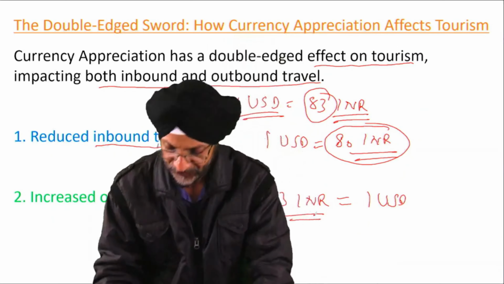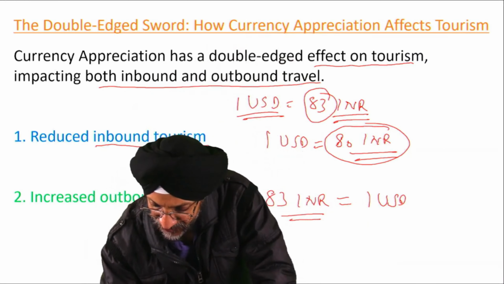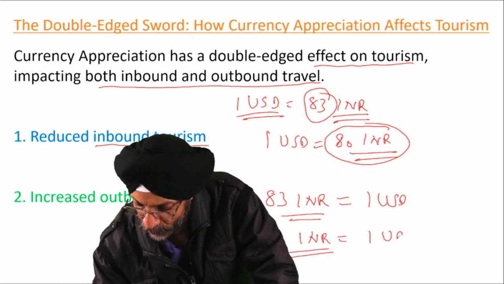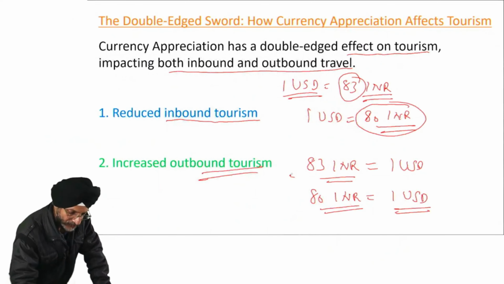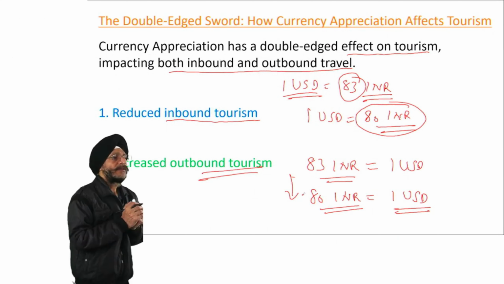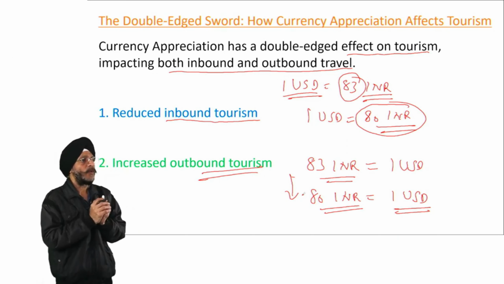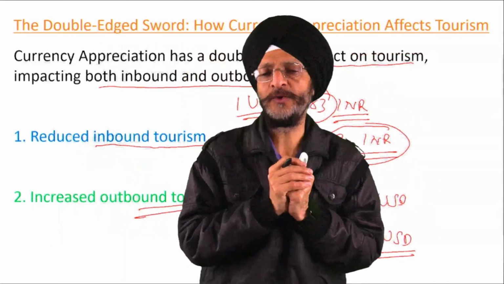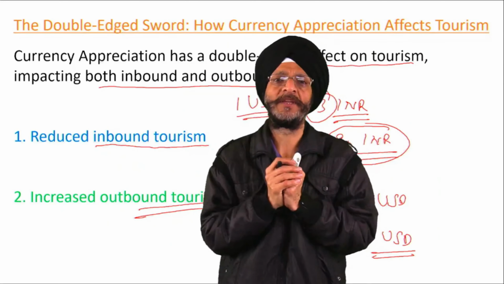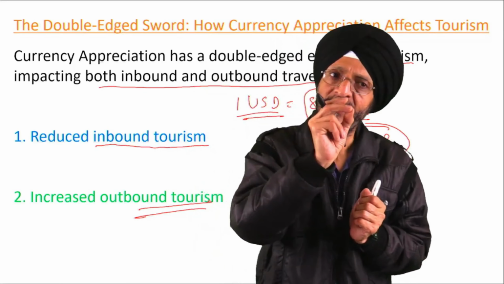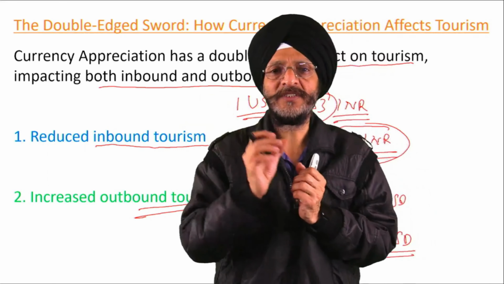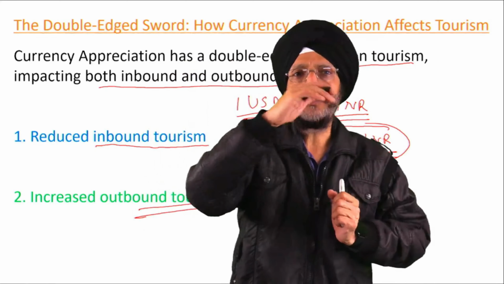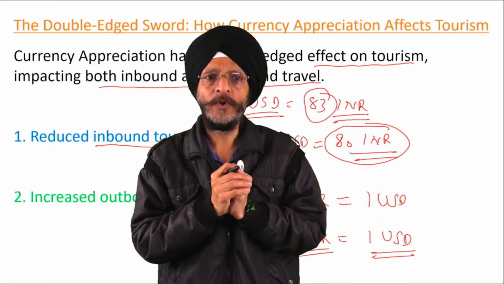Now if the Indian rupee has appreciated to say 80 Indian rupees equal to $1, then after appreciation the tourists from India will have to pay only 80 rupees to get $1. Earlier they used to pay 83 rupees. Now they have to pay less to get $1. So international tourism for the tourists from the appreciating country becomes more affordable.